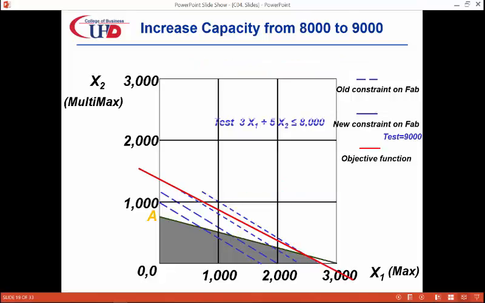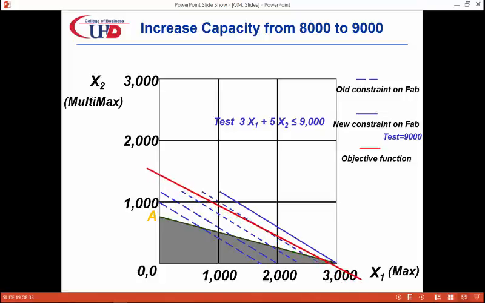Now let's increase the testing capacity to 9,000 hours. The new blue testing constraint line shifts up, and the updated feasible region will cover the whole triangle area below the green assembly constraint line.